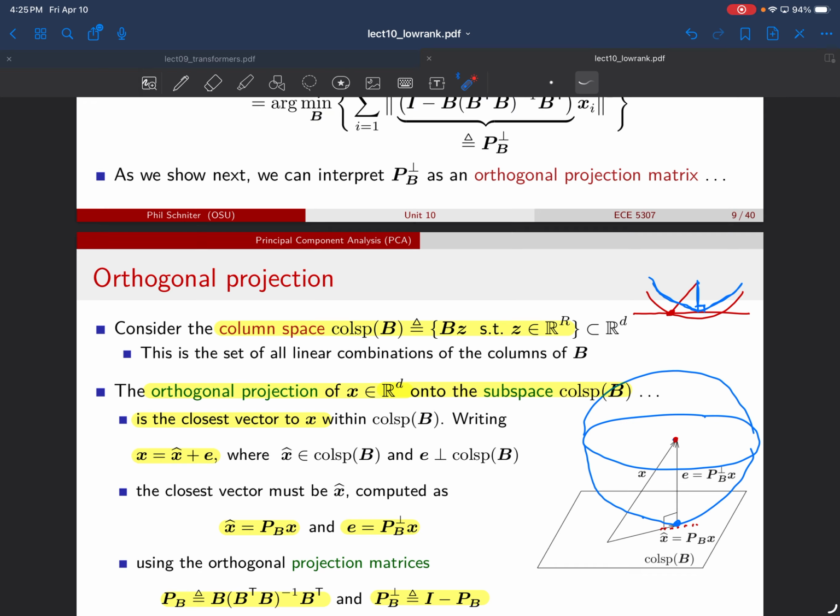So if you start with a vector x, and you want to approximate it in the column space of matrix B, you just compute the projection matrix PB, and then you multiply it by x. Or if you want to get the projection error, it's I minus PB times x. It kind of makes sense, right? Because of this I, these two things together add up to x.